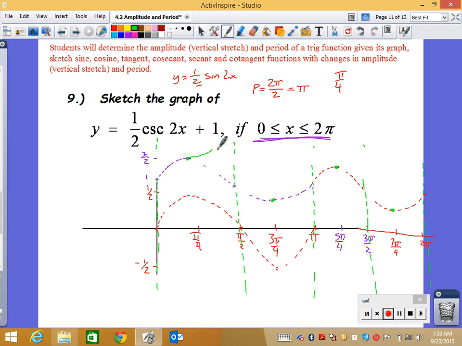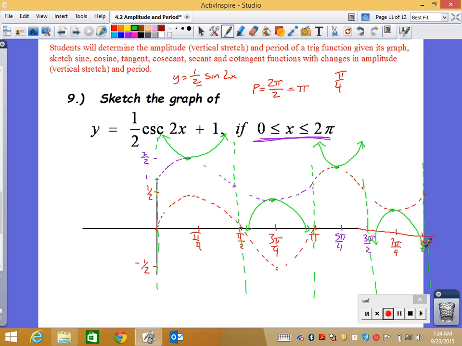And then cosecant just goes up and makes parabolic looking things, upward and then downward. And then down. So that green curve there, hopefully it's not too hard to see, is my 1/2 cosecant 2x plus 1.